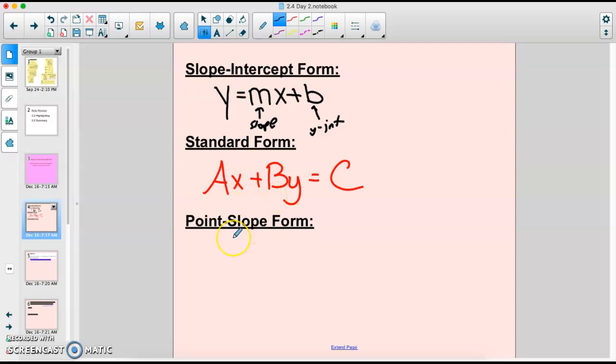Now today we're going to be talking about point slope form, which is modeled by the equation y minus y1 equals m times the quantity x minus x1. Okay, and y1 comma x1 is a point on the line.